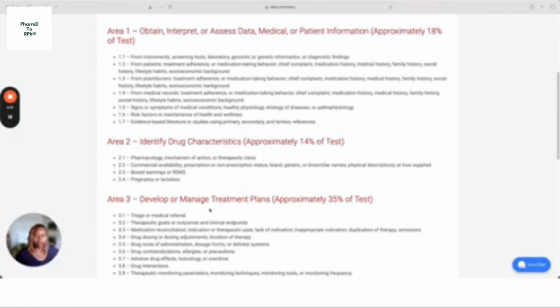This is what I'm reading as a NAPLEX prep coach, a NAPLEX success coach. If you look at this information, it's part of the disease state chapter.